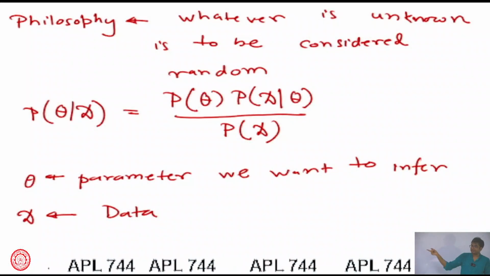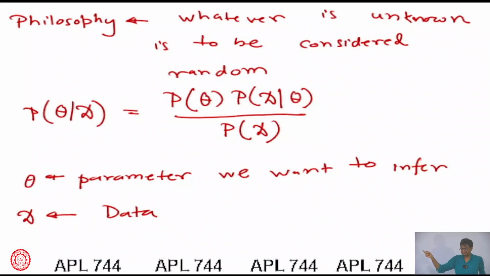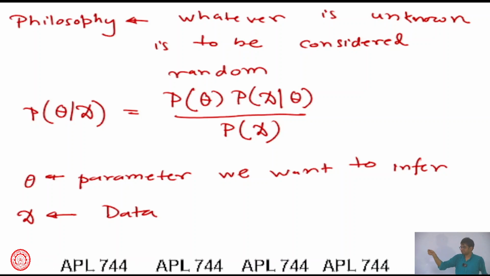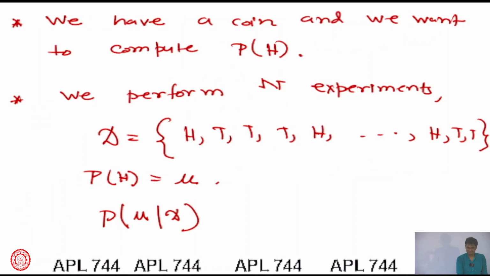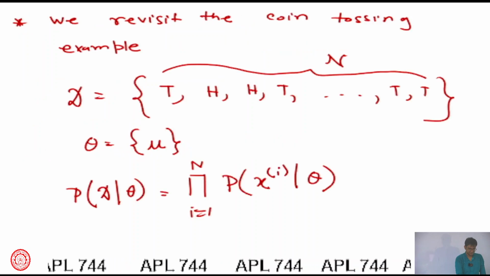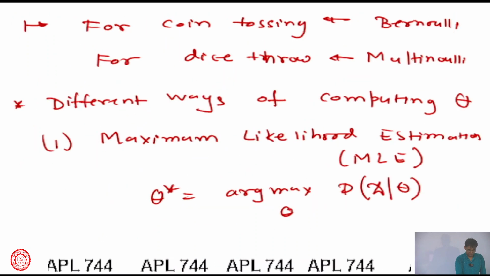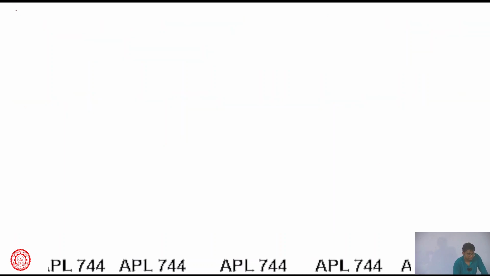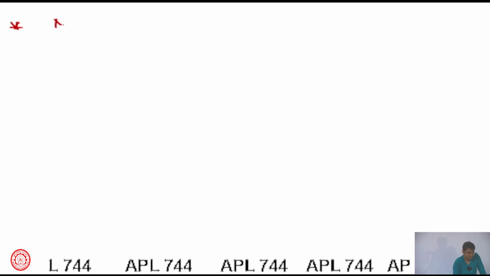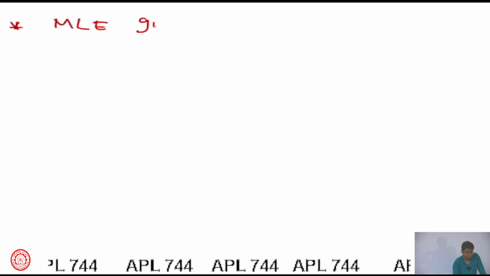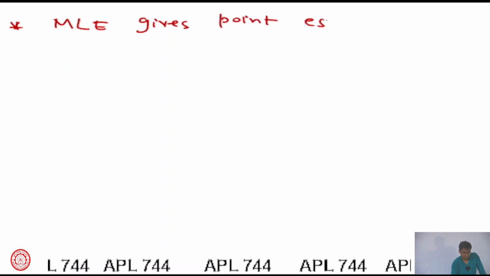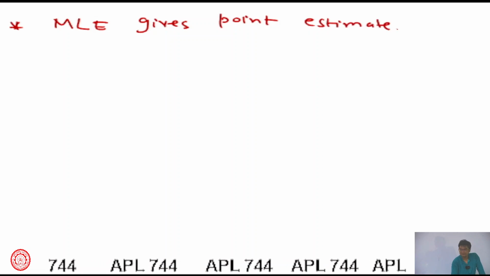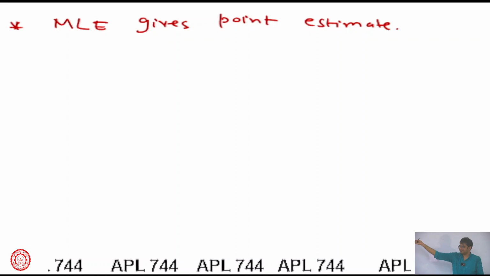And the other thing is the MLE way is how we take decisions, if we have to give a point estimate. MLE will give a point estimate, and that is a good and a bad thing. So, first of all, MLE gives a point estimate, right? You are getting a value of theta, you are not getting a distribution over theta.